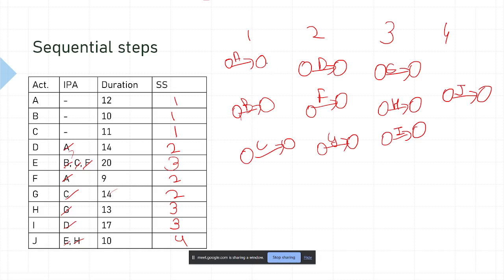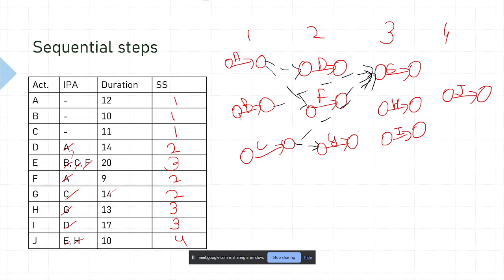We should start connecting them, right? Yes, based on the IPAs. Okay. So D is connected only to A. Then F is connected to A. G is connected to C. E is connected to B, C, and F. Then what do we have?